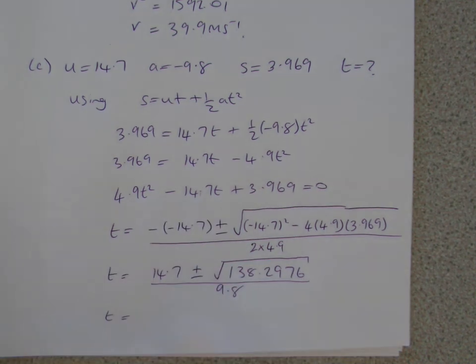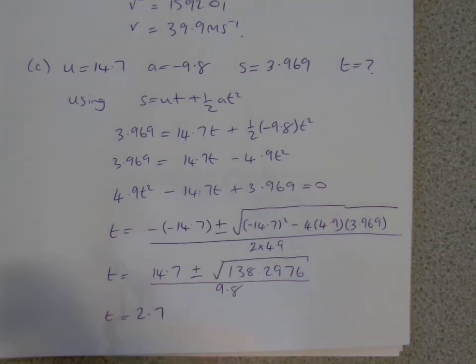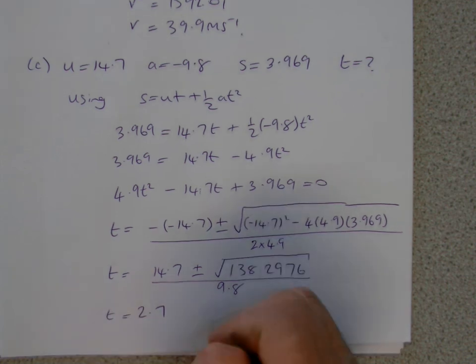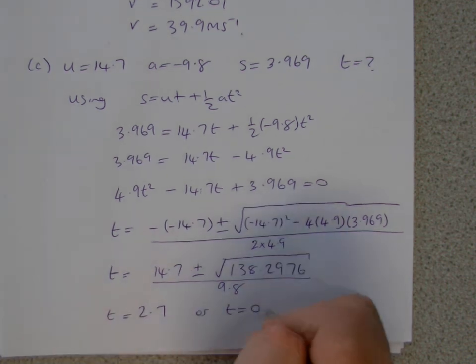If I take the plus first, I get 2.7. And if I take the minus, I get 0.3. So now it's quite clear to me.